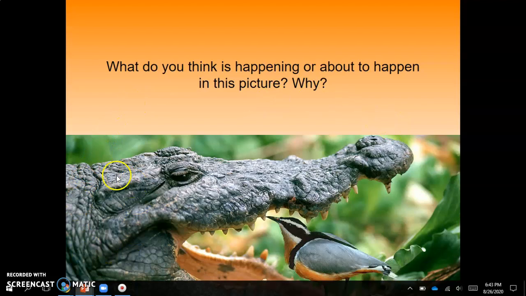We know that crocodiles are predators. We know that they eat meat, right? And this little bird is sitting right in the mouth of this crocodile here. So we can infer that this crocodile is about to chomp down and get himself some lunch, right? So this would be a predator-prey interaction.